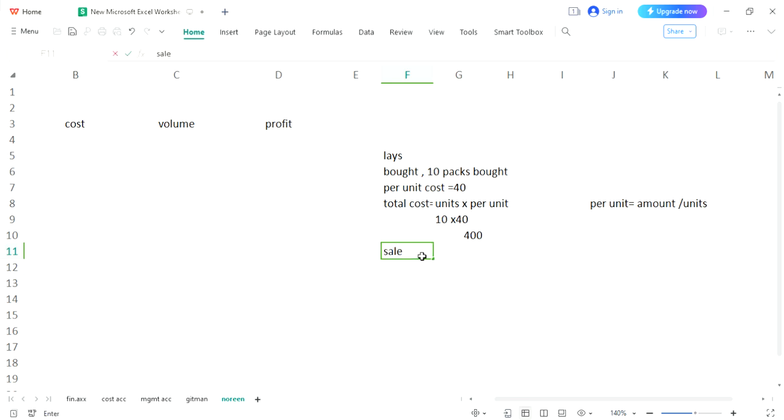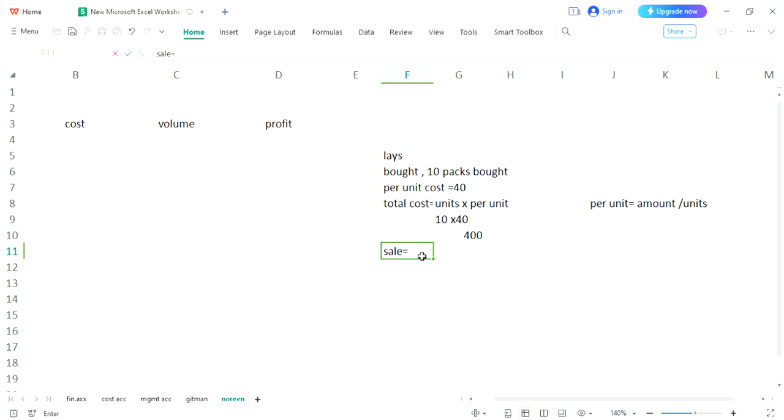When you sell all of the units, it may be possible you have sold all units, half units, but here we are considering that all of the units you have sold out. And obviously you will sell these packets at a price which is over and above your cost. Every shopkeeper has a willingness to sell his product for profit.